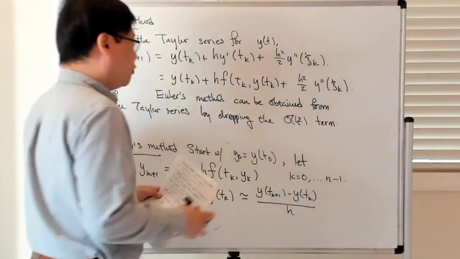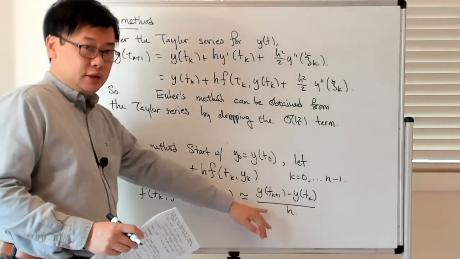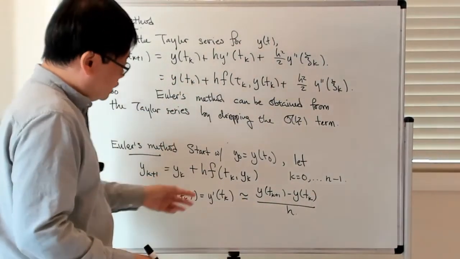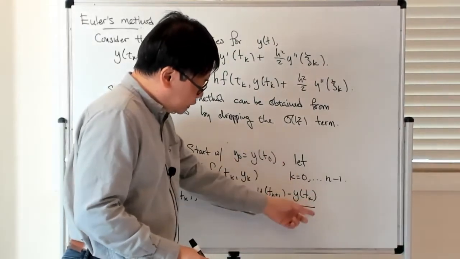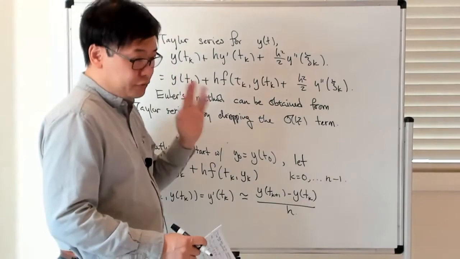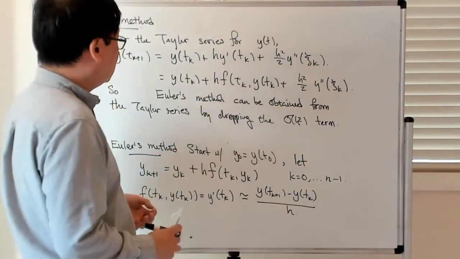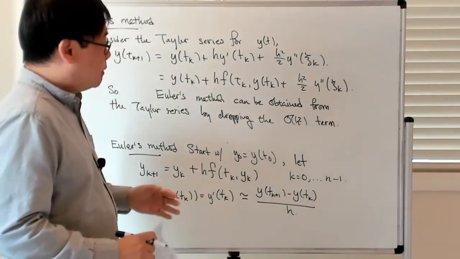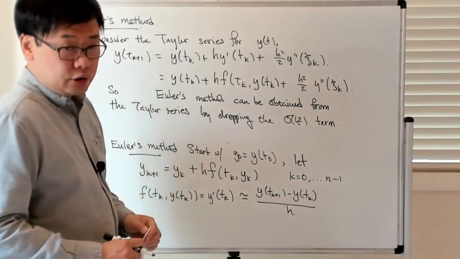Okay, and of course, this is obviously consistent with this other point of view, because if you recall, deriving the finite difference approximation of the derivative also can be interpreted in terms of a Taylor expansion and then omitting higher order terms as well.